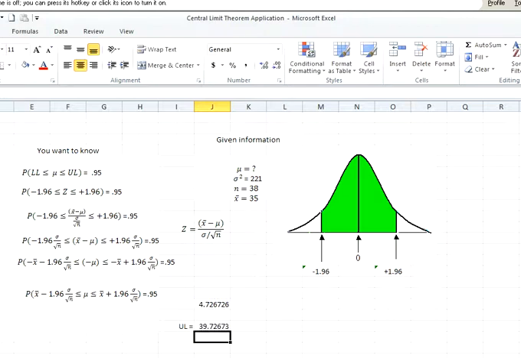And the lower limit is, I have to subtract this error from x bar. So I have equal to x bar, which is 35, minus this error right there. So my confidence interval is 39.73 and 30.27.